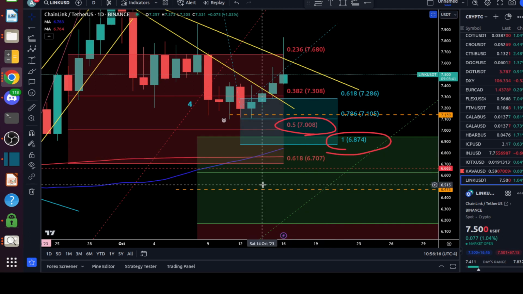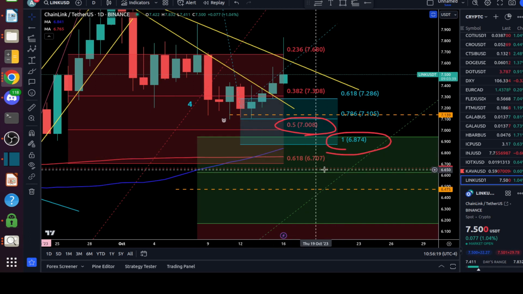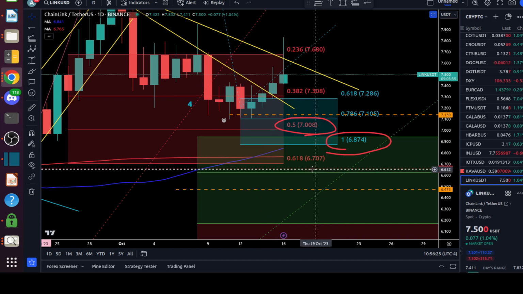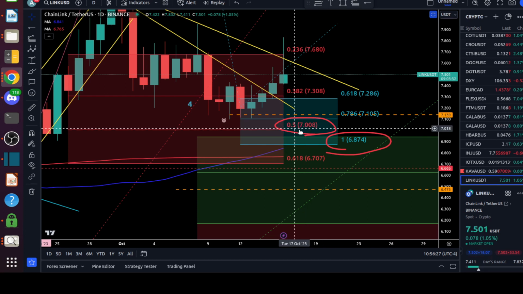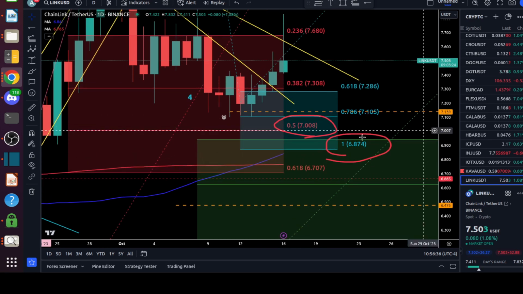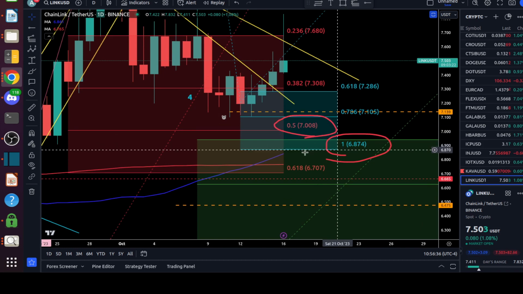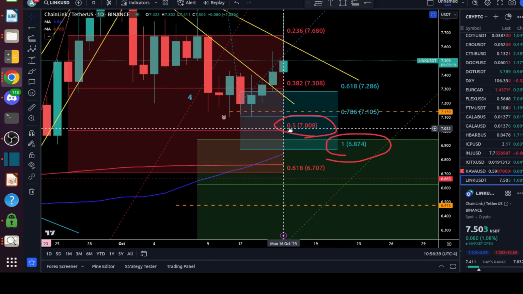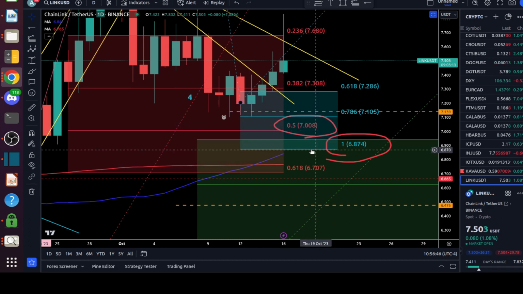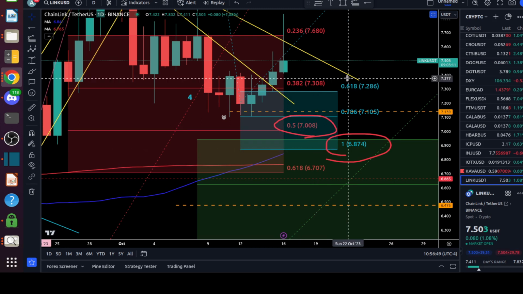So now I know that 6.66 should be the room based on this $7. If we reach the $7, I should give a little bit of space to the market. Also, I have the 1-to-1 ratio, so for sure I want my sell stop limit to have some room to cover the 1-to-1 ratio, in case we just have a momentary wick down, touch the 1-to-1 ratio, and then bounce back.